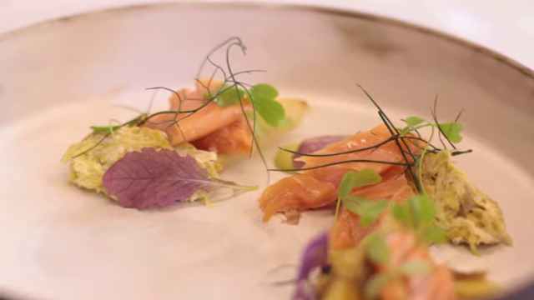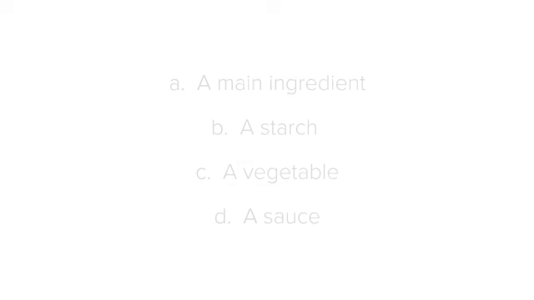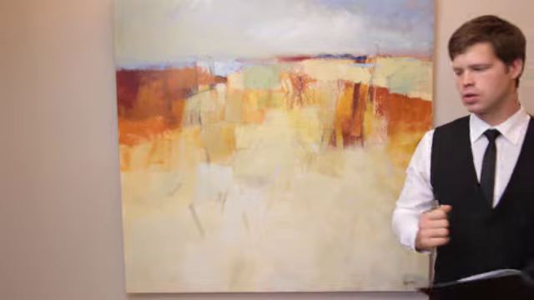What you will find is, as a general rule, starters, entrees, and main courses contain the following: a main ingredient, which we already know, a starch, such as potato, rice, or pasta, a vegetable, and a sauce. So now, you can break up each dish into those 4 sections.